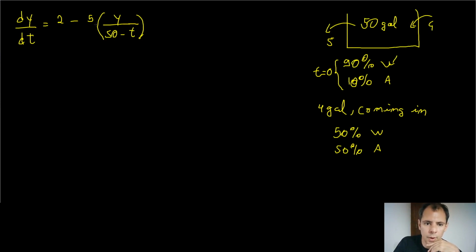So you can put the y outside. Let's get this y out of here and put a 1 in its place. So as t gets close to 50, like t is equal to 49.99999, right? This denominator is going to approach 0 from the right.